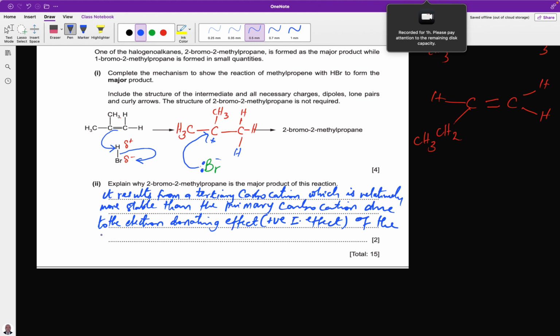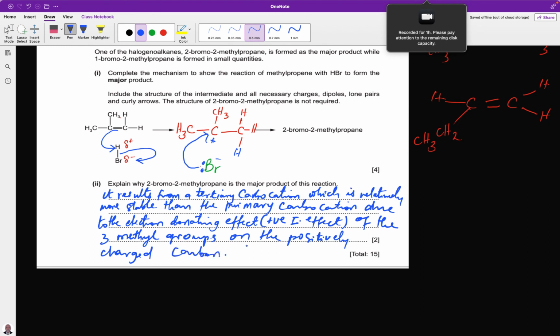Of the three methyl groups on the positively charged carbon.